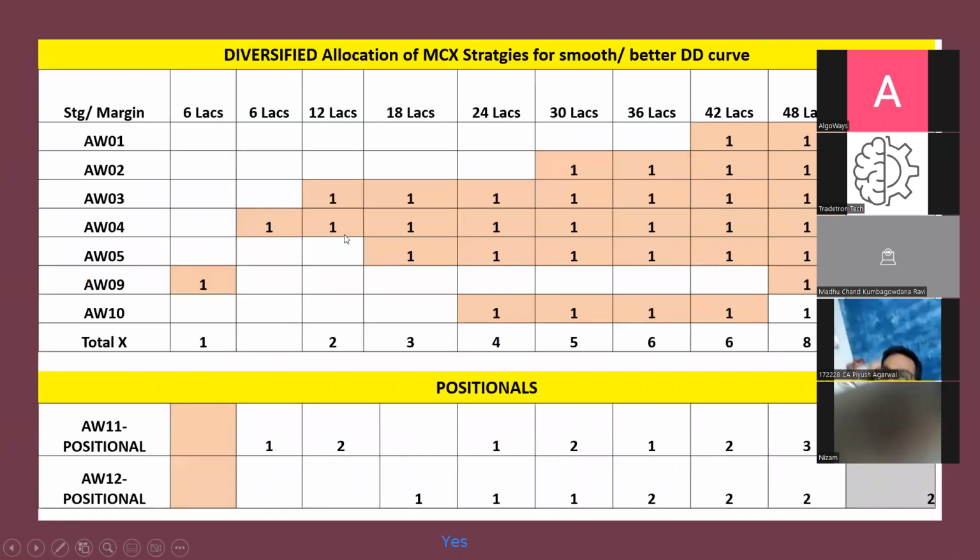Now, based on experience, I have developed this allocation matrix, showing how we should deploy depending upon the capital one has. Starting from 6 lakhs up to 50 lakhs and up to 1 crore, I have given this matrix. It is available in the Telegram channel and in Google Sheet as well. And I have 2 positional strategies now, which start from the first week of expiry till the next month's expiry, and the results have been wonderful actually.